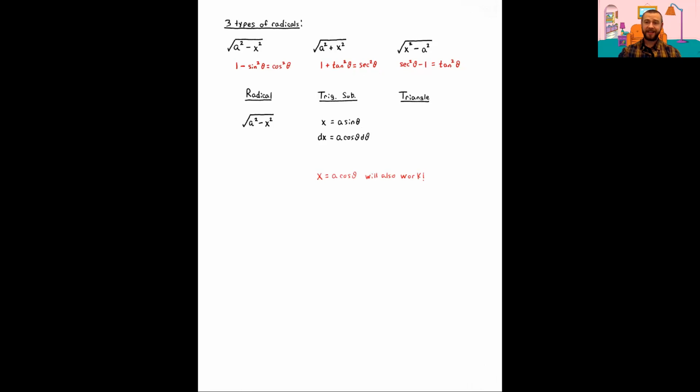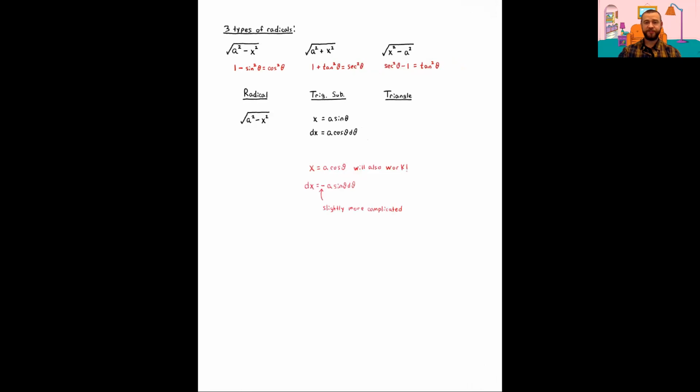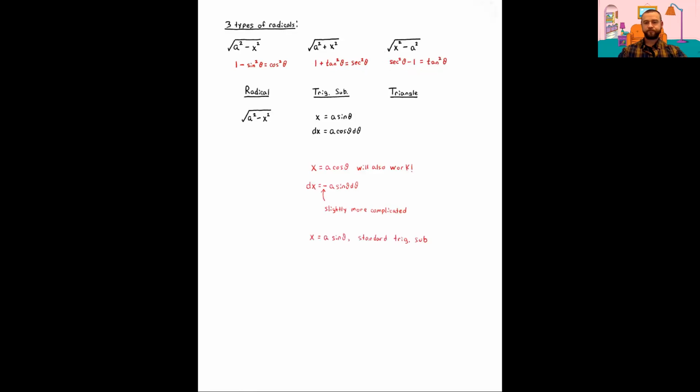The reason for that, calculate the derivative of cosine, it comes out to be negative sine of theta. And the differential is slightly more complicated, that extra negative. And for that reason, we revert to the standard substitution here instead, x equals a sine theta. Both substitutions, a sine or cosine, will work, just that there's preference for the sine substitution since there's no extra negative in the differential, the derivative.